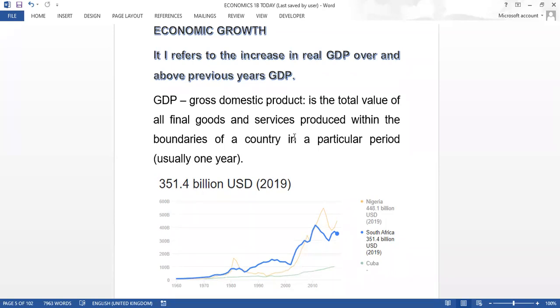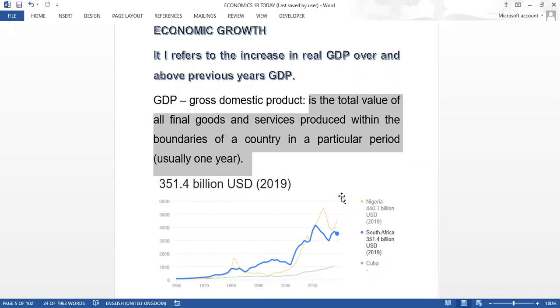So GDP simply refers to gross domestic product, and by definition, it refers to the total value of all the final goods or services that are produced within the boundaries of a country in a particular period, and that is usually a period of a single year. So in terms of the definition of gross domestic product, you need to understand that this is the total value of all the goods and services.